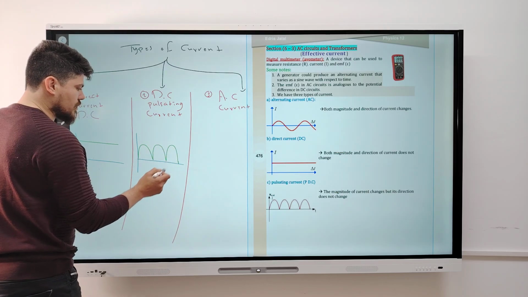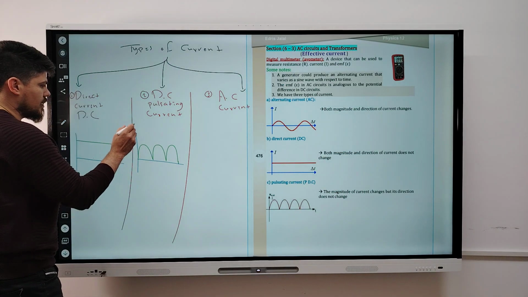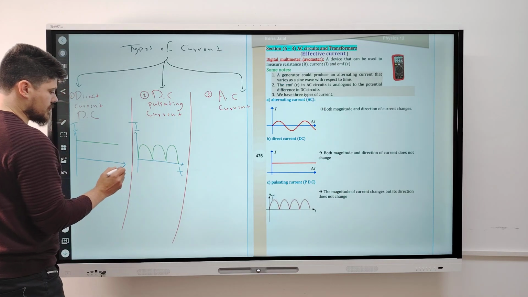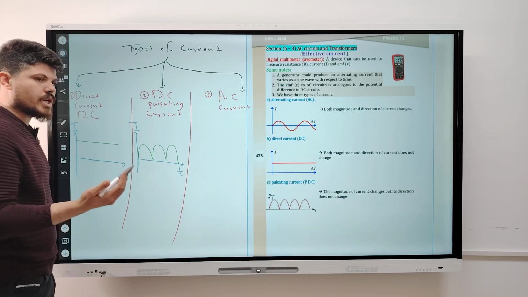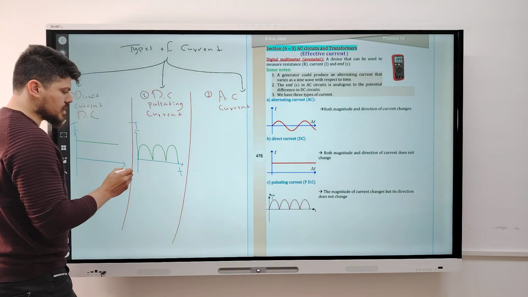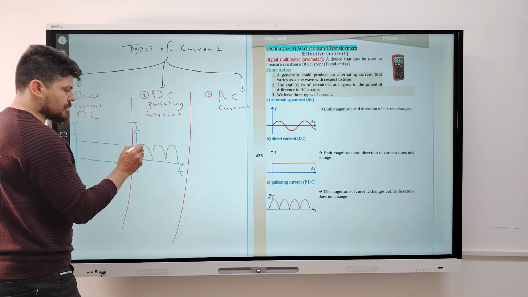Okay, but if you look, as you can see in this figure, this is the magnitude of the current per unit of time. So if you look, the magnitude of the current changes. Why? Because at this point, the magnitude of the current is 0. The current increases until it reaches the peak.